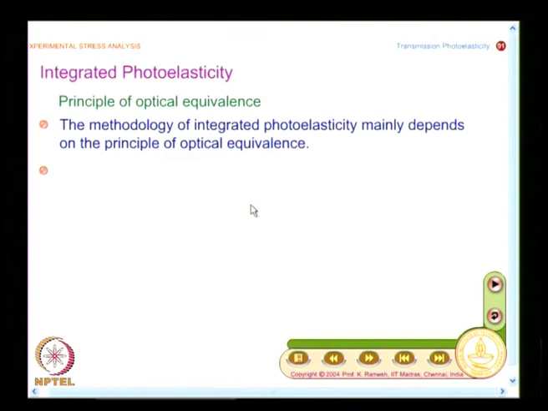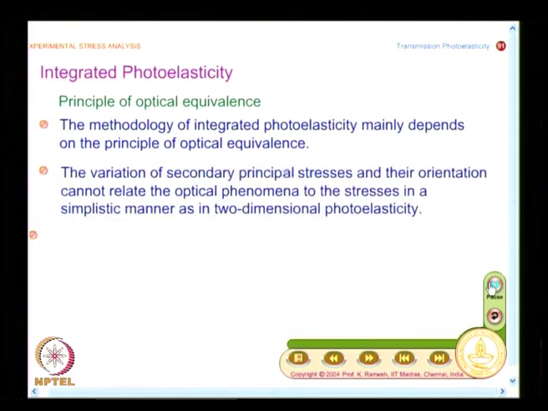Now, we are going to look at a process called integrated photoelasticity, and this hinges on a very important principle called the principle of optical equivalence. This is a very intelligent conception, and we look at it more from an optics point of view, and the entire methodology of integrated photoelasticity depends on the principle of optical equivalence. And let us see what the principle of optical equivalence is.